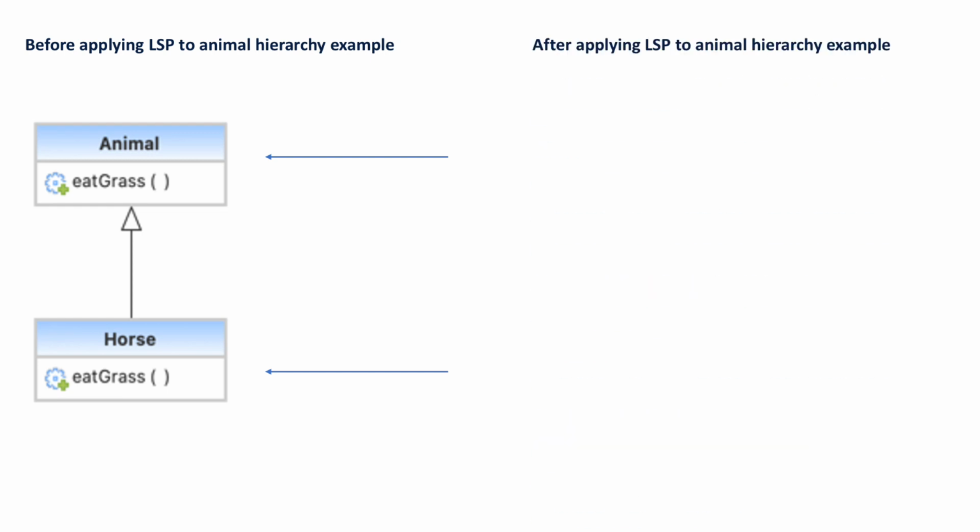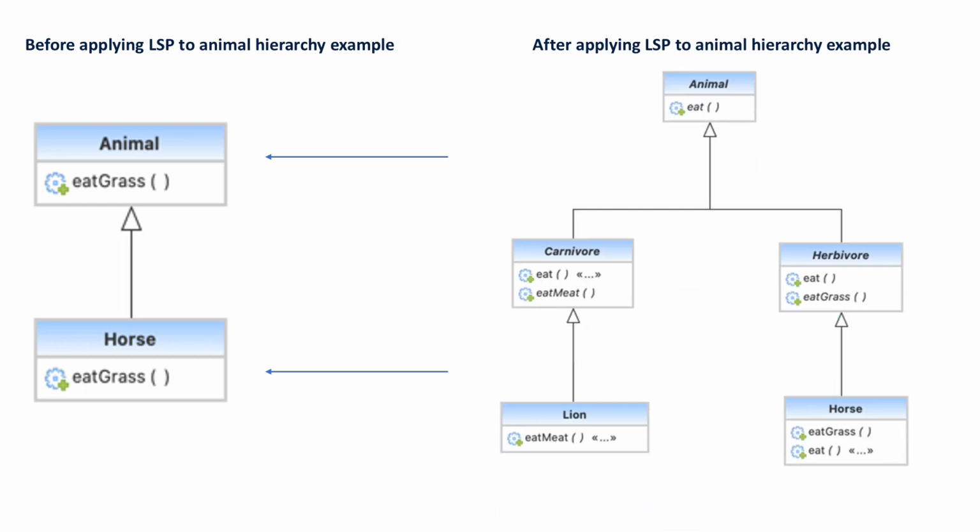Now, let's refactor the code and see how we can solve this problem after applying LSP to the zoo application. Here Animal is the abstract class, which has eat as an abstract method, and there are two classes, Carnivorous and Herbivorous. These two classes are also abstract classes extending the Animal class.